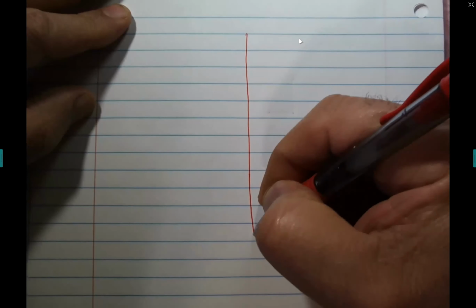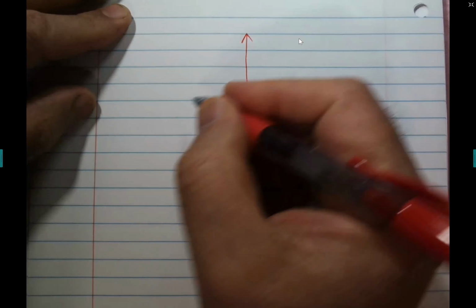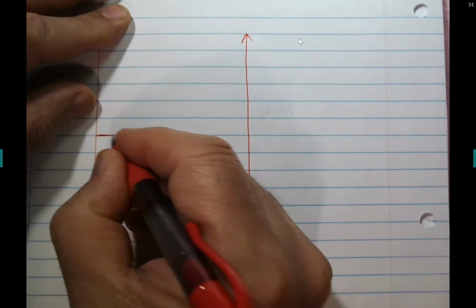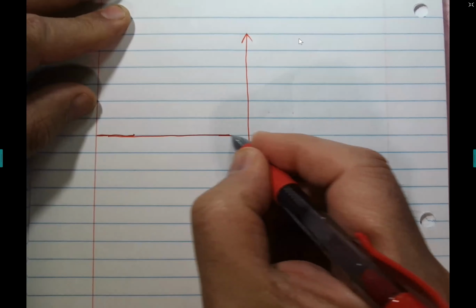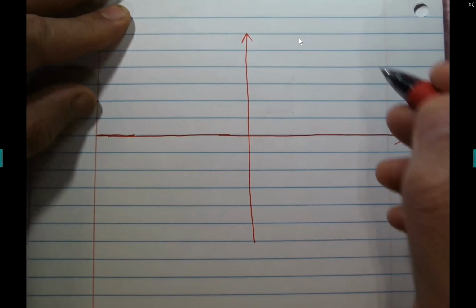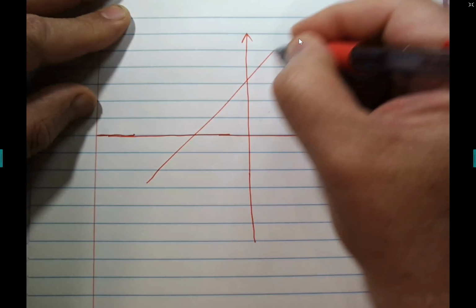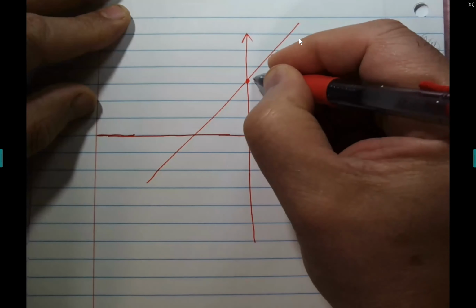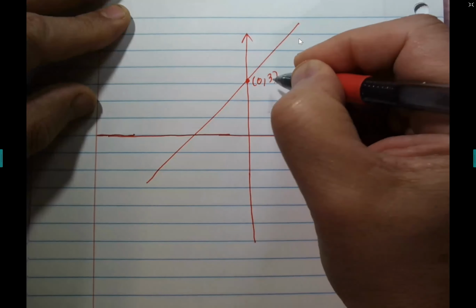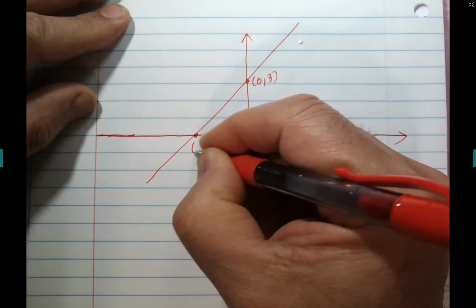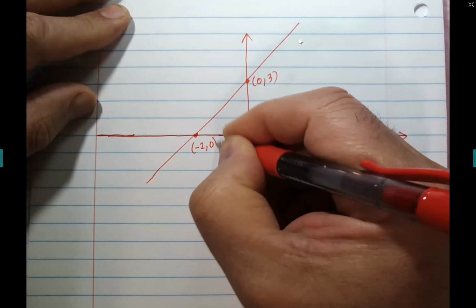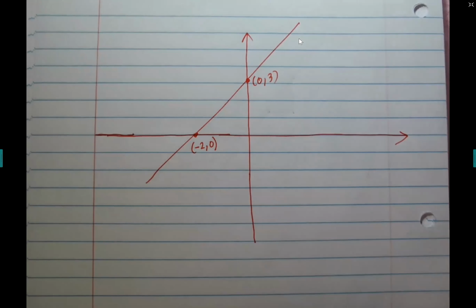There's quite a bit of algebra involved in this chapter, and this is where I spent a lot of time on algebra here. Let me take this line right here. This point, let's say it's (0, 3). And let's say this point is (-2, 0). All right.